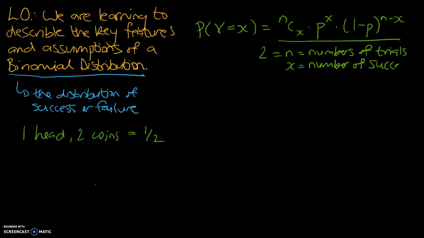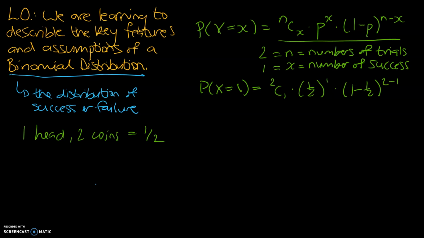Success can be anything that you define as success, and in our case, that's 1. So if we put that into our formula, what's the probability of x being equal to 1? That would be 2C1 times p, the probability of a head, which was 0.5, to the power of 1, times 1 minus 1/2 to the power of 2 minus 1.